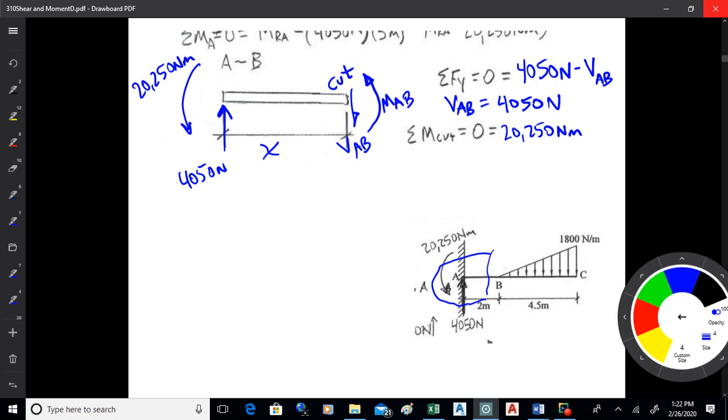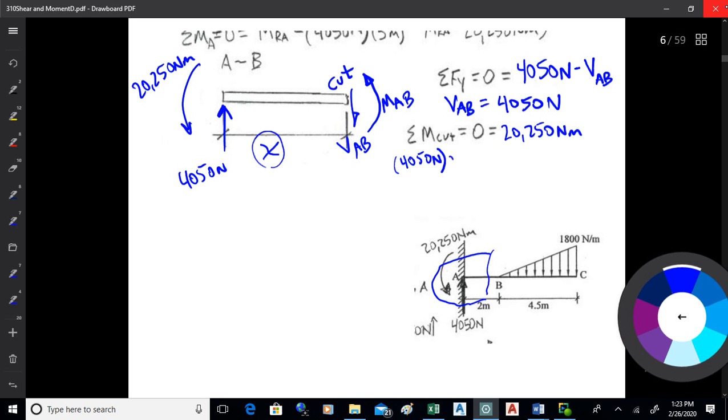Then I've got the 4,050 newtons times the moment arm of x. It's going to come out clockwise, so that's going to be a negative. So there's an example of when the force sign convention and the moment sign convention don't agree. The force is up, which is positive, but it creates a clockwise moment, which is negative. So that's a minus 4,050x.